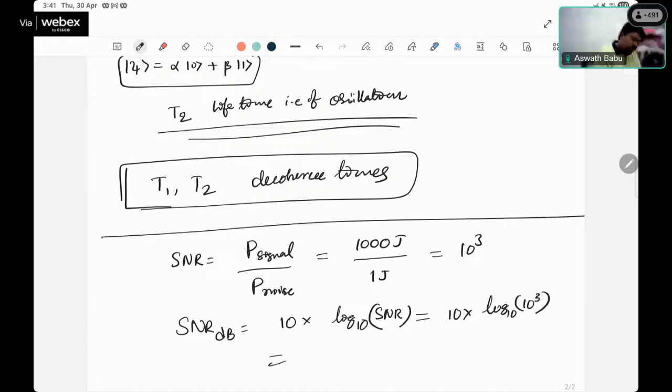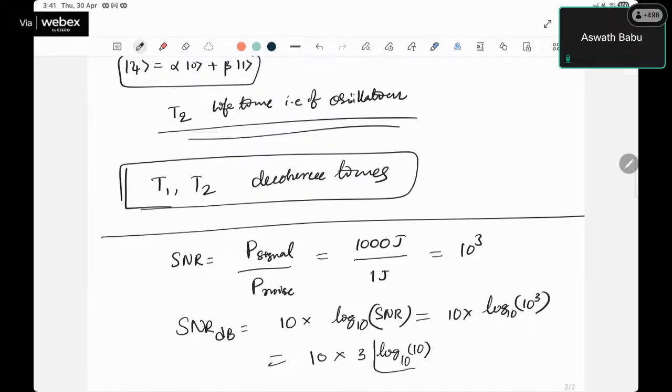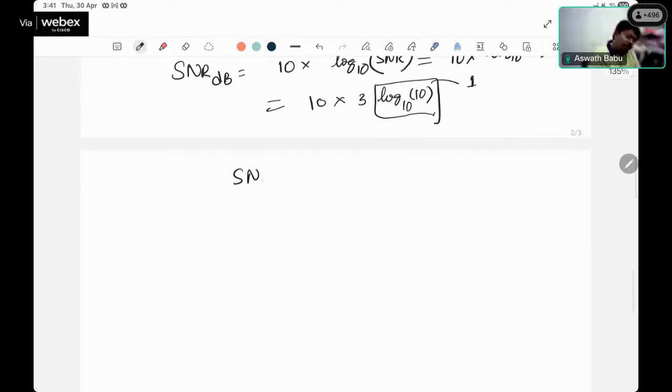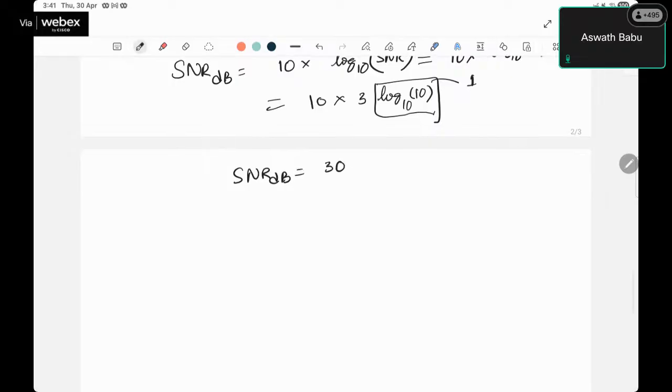Using the log formula, the exponent can come in and multiply the log. So this would be 3 times log base 10 of 10, which is equivalent to 1. So SNR in decibels is equal to 30. I'll just say 30 decibels.